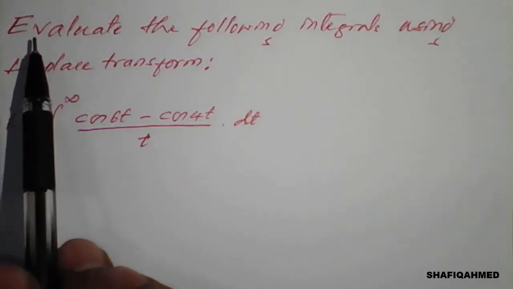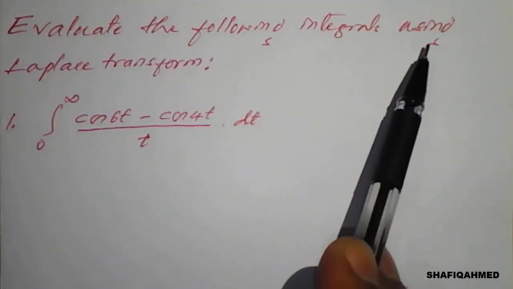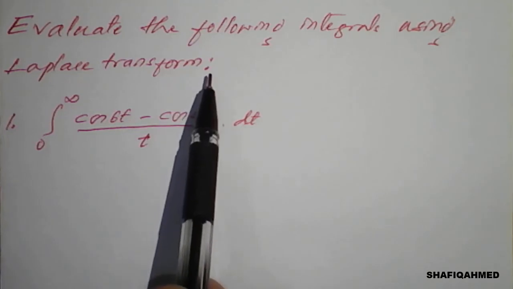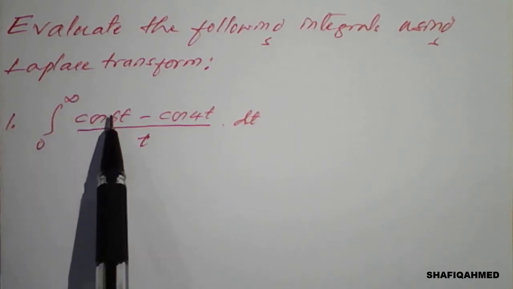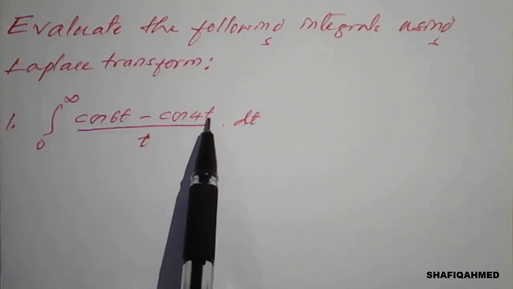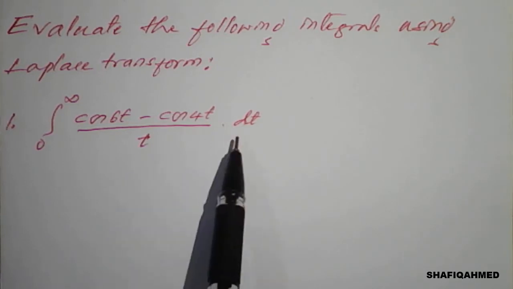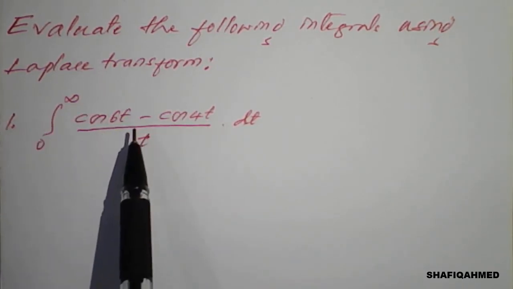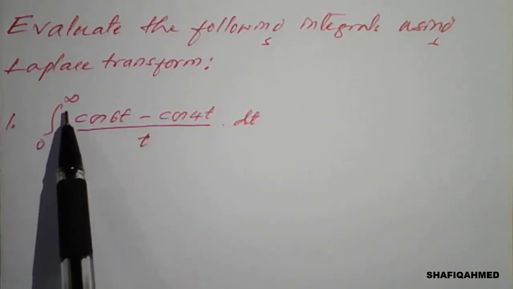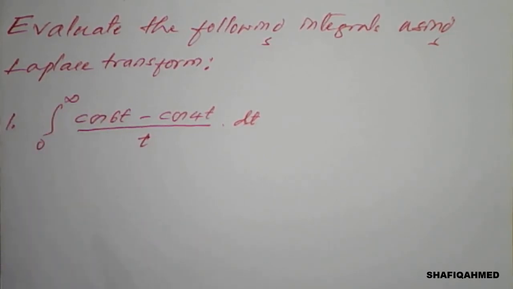So the main question is: evaluate the following integral using Laplace transform. Here they have given the question like that: integration 0 to infinity (cos of 6t minus cos of 4t) divided by t into dt. This kind of example is a new type, which we have never come across, because 0 to infinity will come only for the definition.